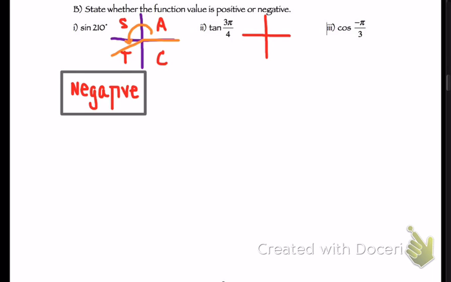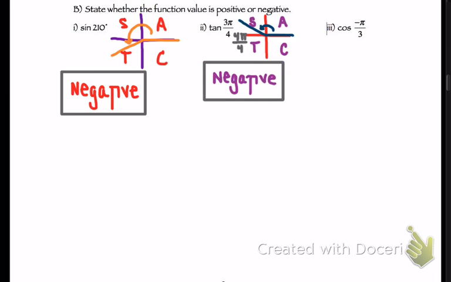Again, let's draw it and figure out where 3 pi over 4 is located. That's 4 pi over 4, so 1 less is 3 pi over 4, meaning I have to be in the 2nd quadrant. Using my simple trig chart, sine is the only thing that's positive in the 2nd quadrant, so I know this answer has to be negative.